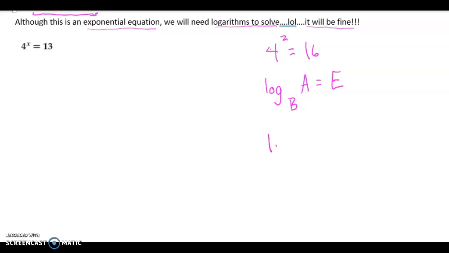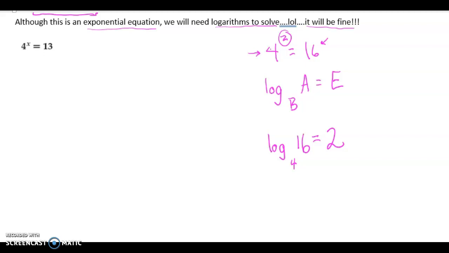So I'd have log, my base 4. It goes in the basement, down low. The answer is the 16. That's what it equaled. And the exponent is the 2.